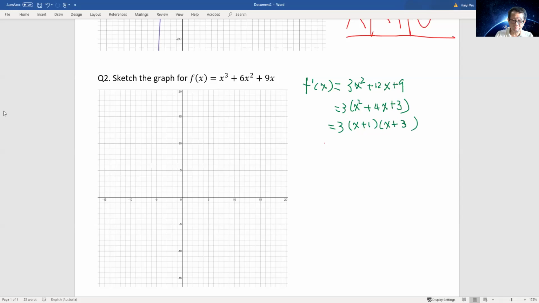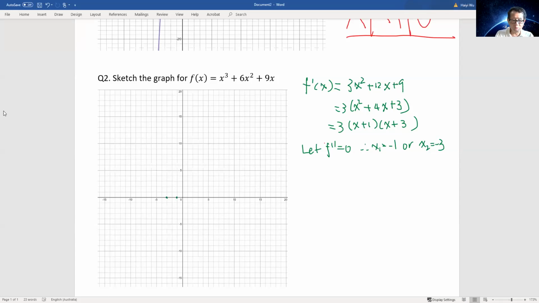We let f'(x) equal 0. So we will get x1 equal to -1 or x2 equal to -3. So these are the 2 key points. So -1 is here and -3 is here.